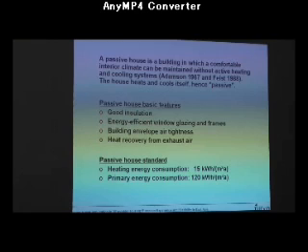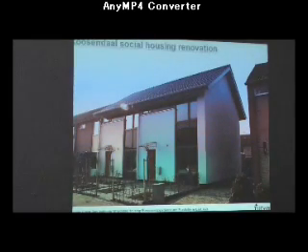The first case I want to introduce is the Roosendaal social housing renovation. The existing buildings in this project are all two-story row houses. This is the image of the renovated house. It was composed of two housing units.